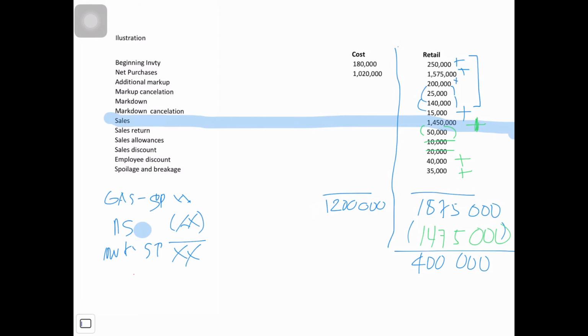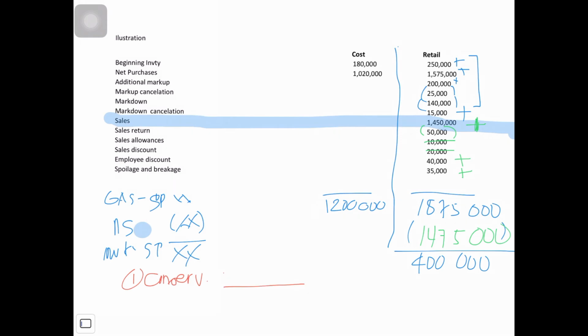Let's say we are using the conservative approach. Number 1, first approach, guys, is conservative.